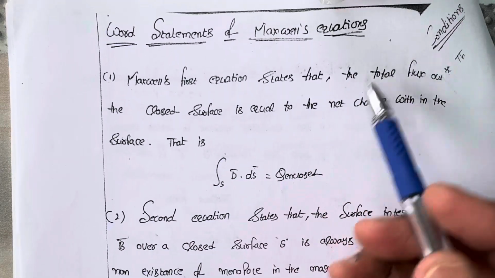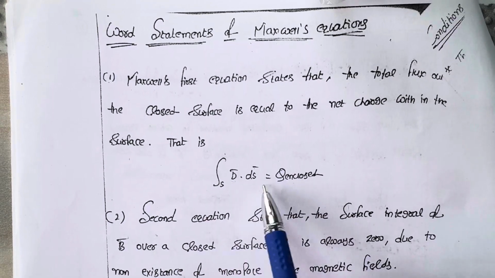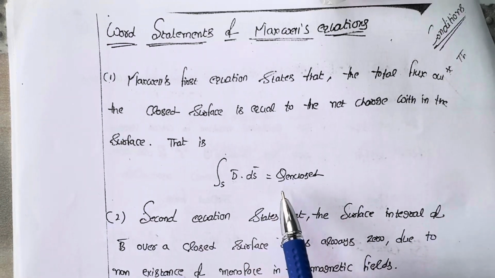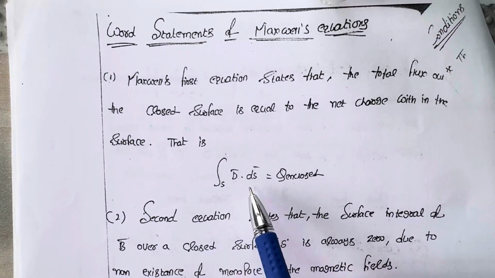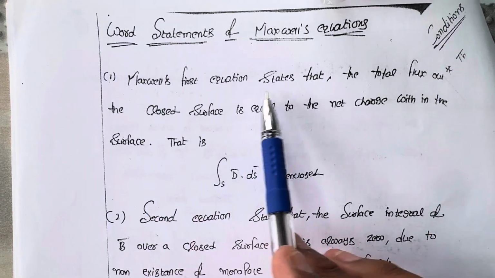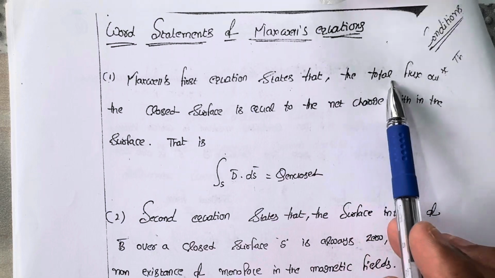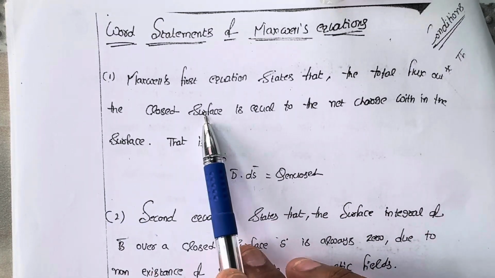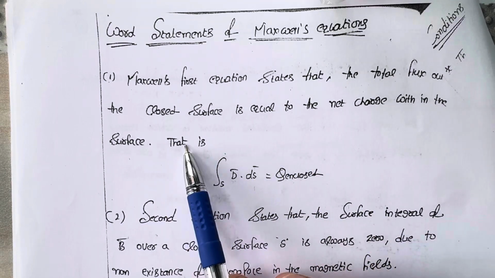That means we have already discussed that the first equation is derived from Gauss law, in our Maxwell's equations point of view. And look at here, the first equation. The Maxwell's first equation states that the total flux out from the closed surface is equal to the net charge within the surface.